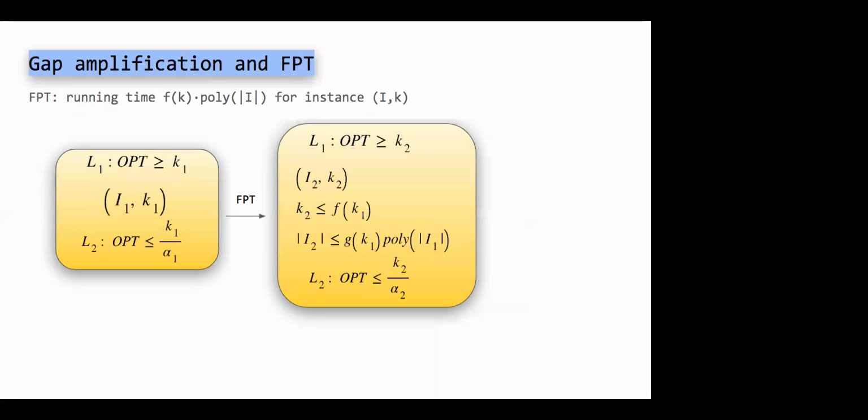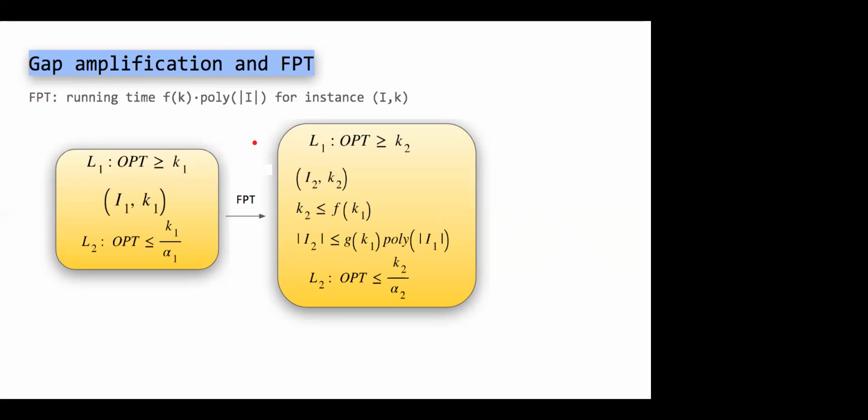Okay, so let us now move on to the FPT realm. When we want to prove hardness of approximation in FPT time, we consider the analogous parameterized gap preserving reductions. So first of all, this reduction should still map language L1 to L1 and L2 to L2.